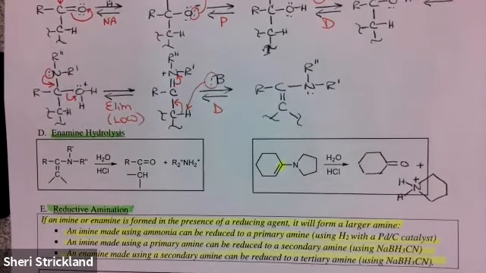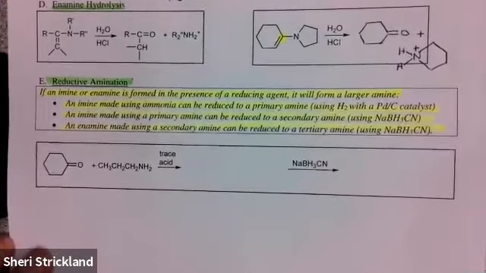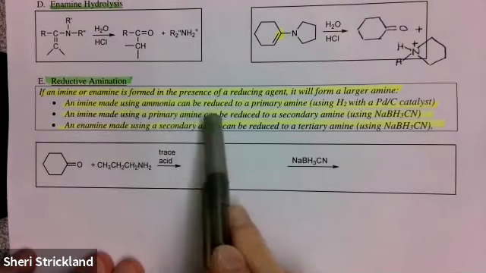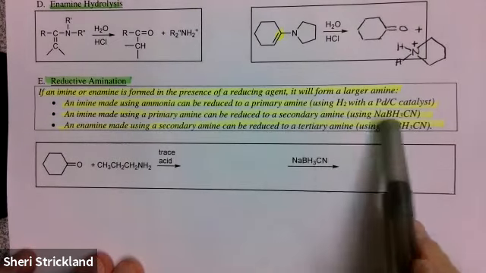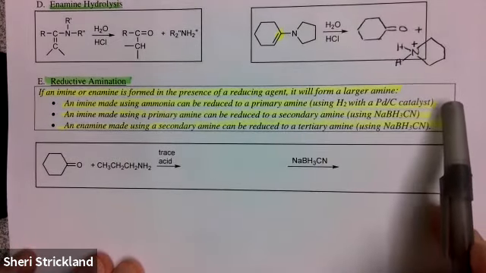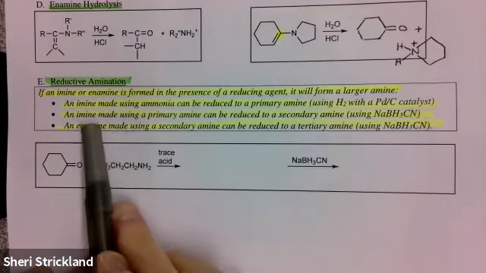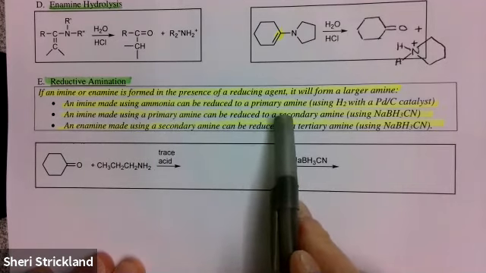Now, one more thing here with nitrogens. You can actually take this imine and enamine stuff one step further if you've got a reducing agent in the mix. Now, if you've got an imine that was made using ammonia, you can use just regular old catalytic hydrogenation conditions, hydrogen gas with a palladium on carbon catalyst. And the imine will be reduced to a primary amine.